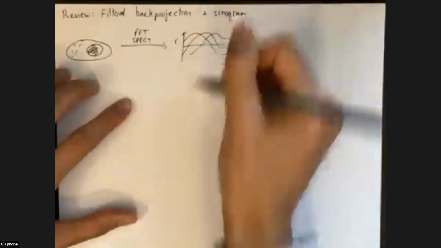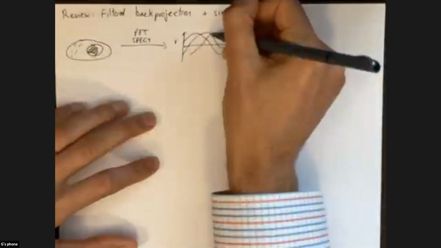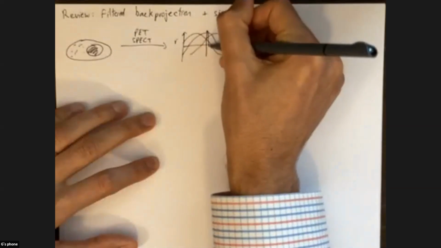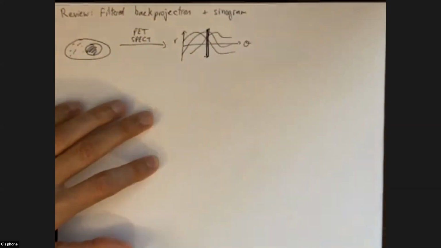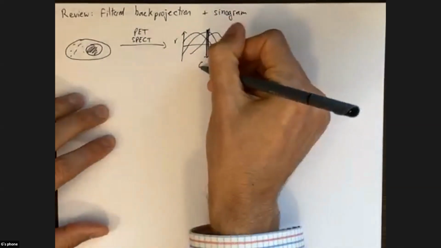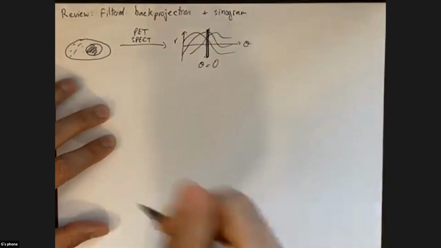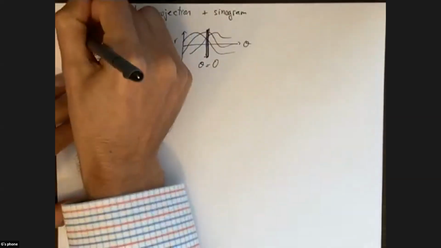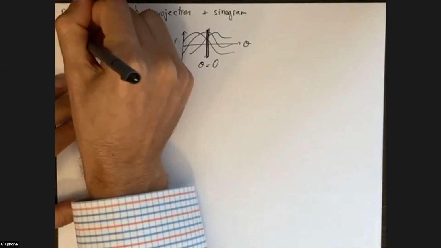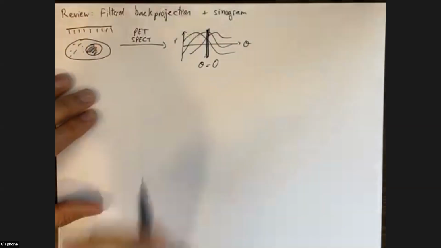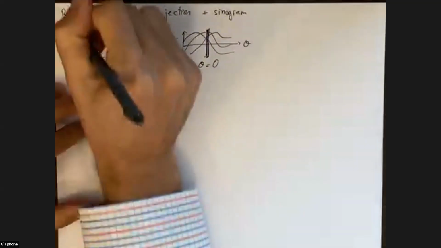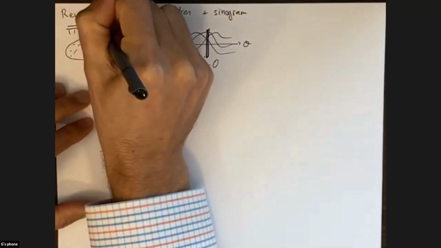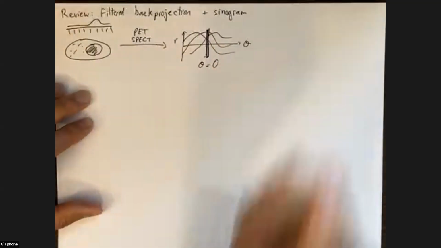If we look at each column of the sinogram, it corresponds to a set angle, for example theta equals 0, and it corresponds to a projection view like this. That would be the theta equals 0 projection view, where we're measuring a projection of the whole tracer distribution in 1D. As the gamma rays are detected, we record that and put it in this sinogram here.